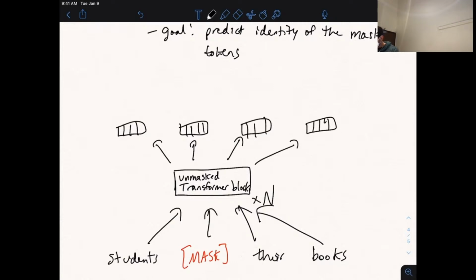Right? So now, in language modeling, we would use each of these representations to predict the next word. Here, of course, we cannot do that, right? Because we used unmasked self-attention. So this representation of students is aware of all of the different words that come in the future. So we can't predict the next word.